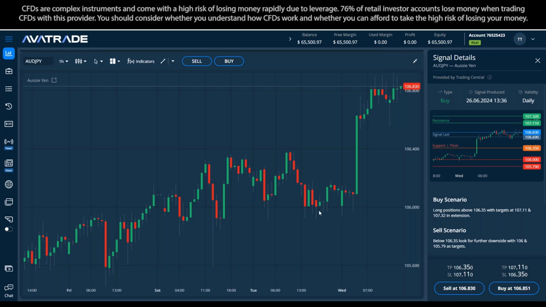So if you were looking to make an opposite move here, thinking that, okay, there's some fears about the economy slowing down.